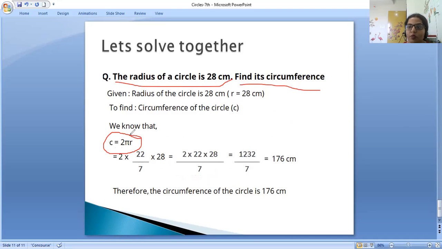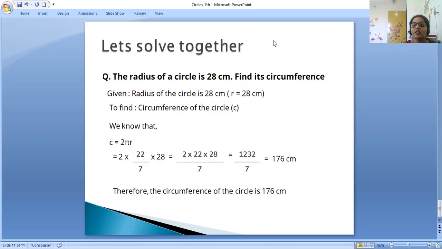From our observations also, if you put the values in 2 pi r, you'll find it matches. So 2 into the value of pi, which is 22/7 or 3.14. 22/7 is for ease of calculation. So 2 into 22/7 into 28 gives us 176 centimeter. This is how we solve it.